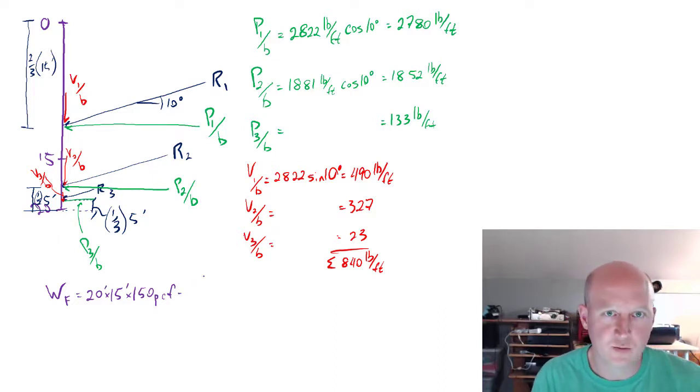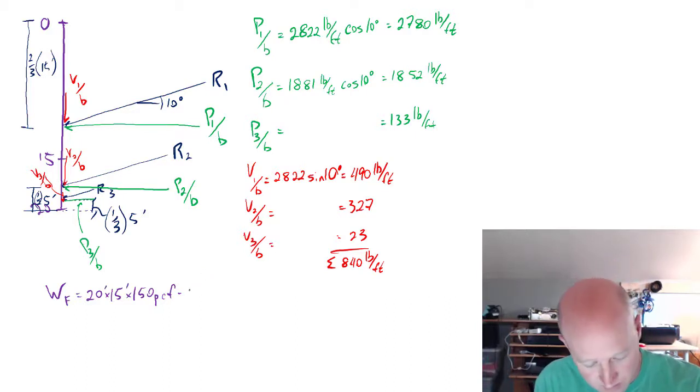And then we need to reduce for the buoyant force of the water. So that's the weight. This calculation that's shown here is just the weight of the footing, but there's also a buoyant force. So we get 40 kips.